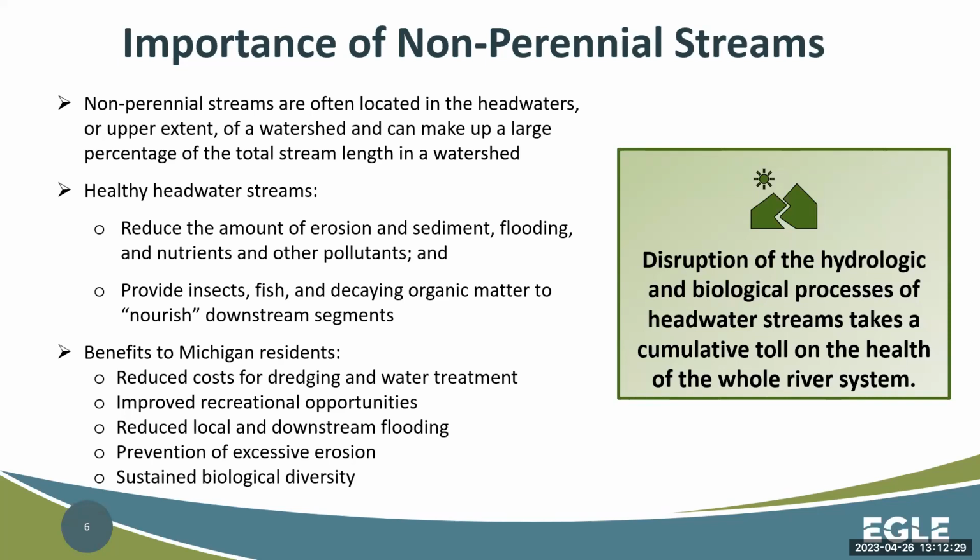And these things provide benefits to Michigan residents, like reduced costs for dredging and water treatment, improved recreational opportunities, reduced local flooding and other downstream flooding, prevention of excessive erosion, and sustained biological diversity. So when these hydrologic and biological processes of these smaller headwater non-perennial streams are disrupted, it takes a toll on the cumulative health of the whole river system and can impact the benefits that these systems provide.